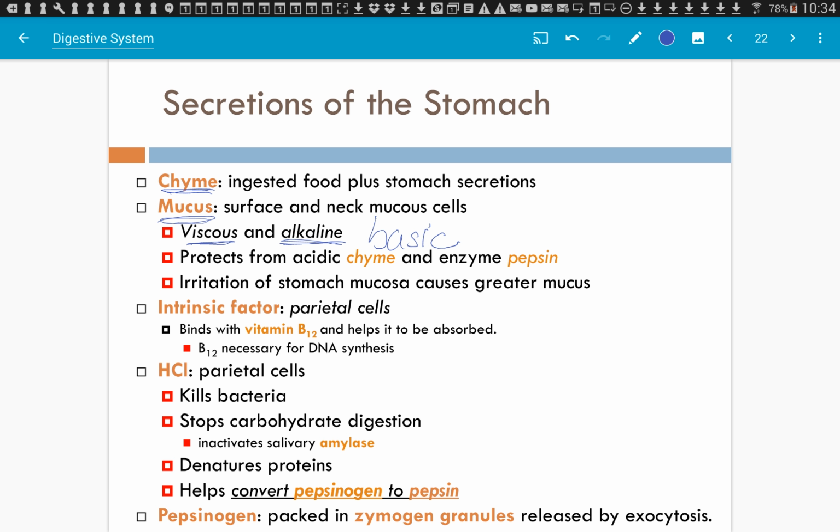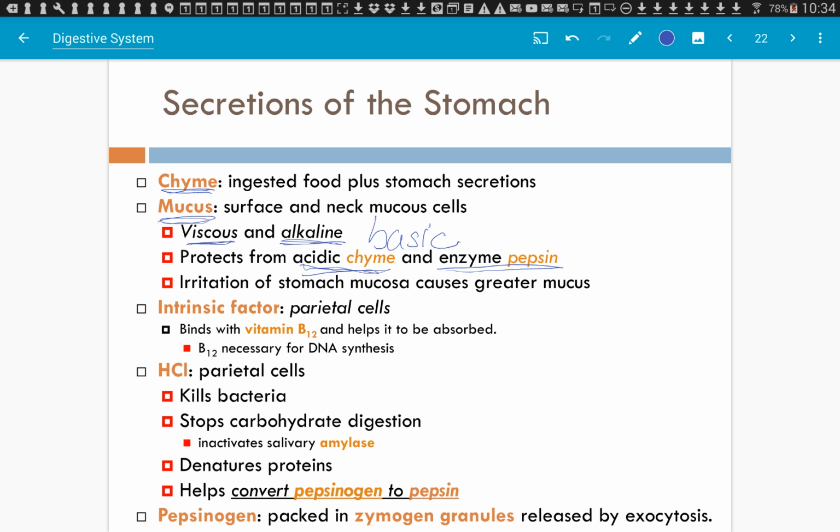Okay, so that mucus, yes, protects against that chyme, which is the mixture, which includes that strong acid and enzymes. So specifically, the chyme is acidic, and then there's a particular enzyme that is also pretty hazardous to the health of your stomach, which is called pepsin. Pepsin is a really important enzyme. We'll talk more about it later.